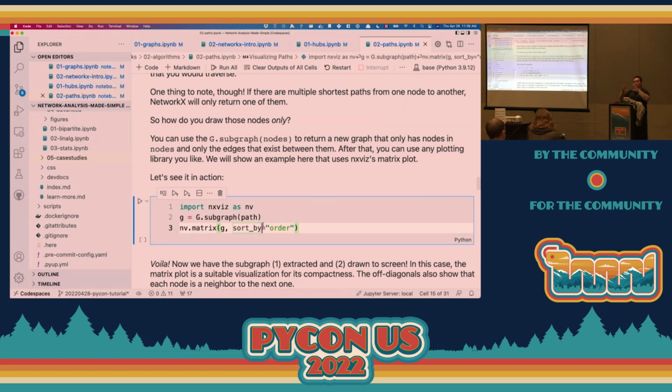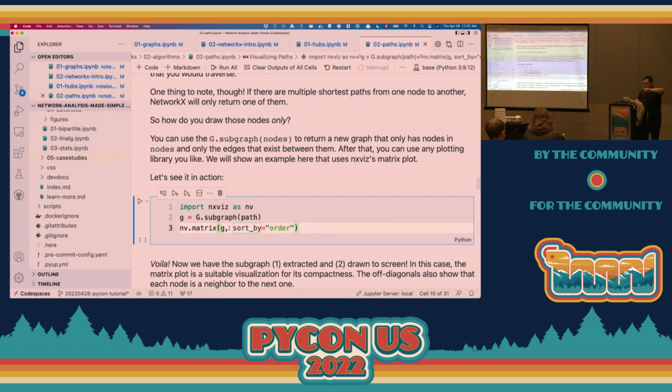Now, if you wanted to visualize just this little portion of the graph, there is actually a way of creating subgraphs from a graph by doing g.subgraph of a collection of nodes. What that will give you is the nodes that only belong to that subgraph and how they're connected to one another.